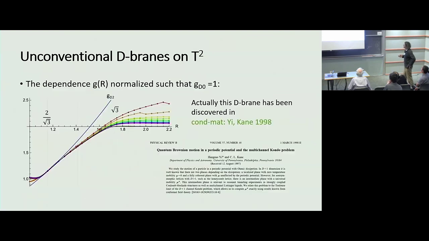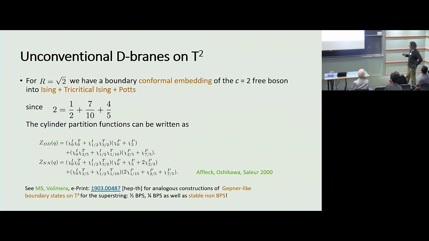There is this special point, square root of 2, where the solution can be constructed explicitly by conformal embedding of the c equal to 3 boson into this Gepner-like thing, given by a product of 3 minimal models, Ising, tricritical Ising and Potts, with these central charges. So you can check this identity.